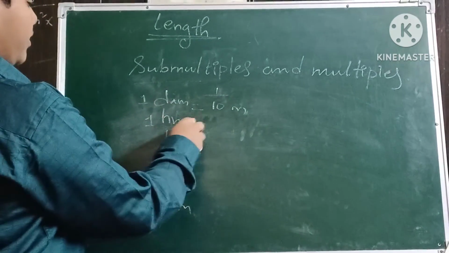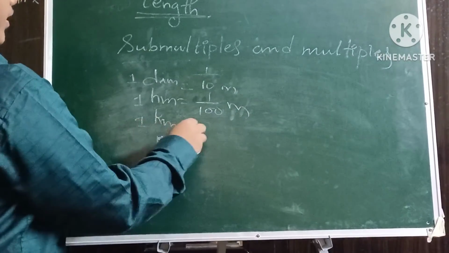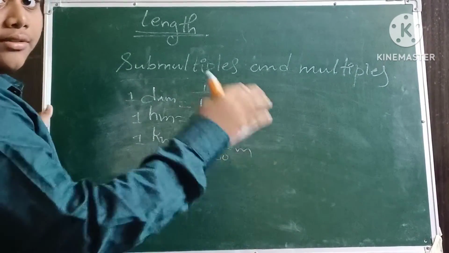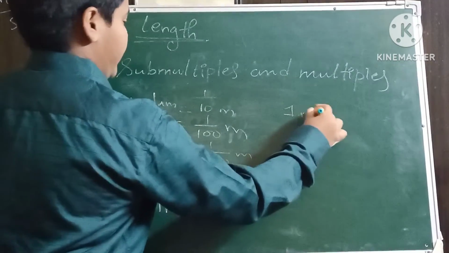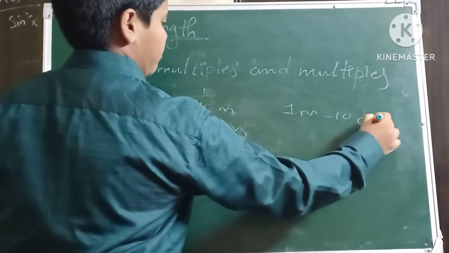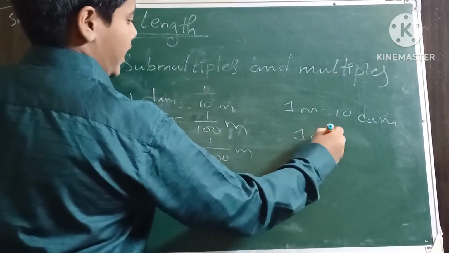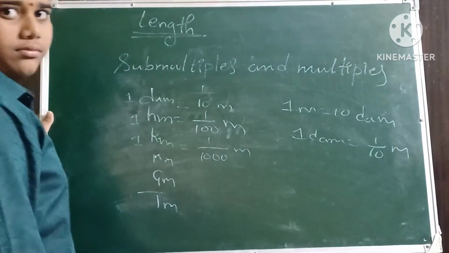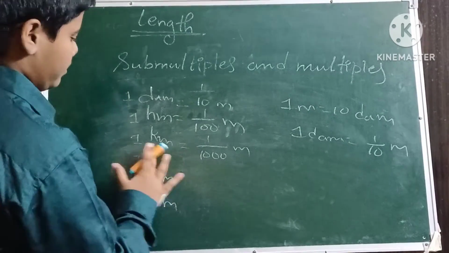Here 1 hectometer is equal to 100 meters. 1 kilometer is equal to 1000 meters. Inverse of 1 meter is equal to kilometer. We already know 1 meter is equal to 1 by 10 decameter. So 1 decameter is equal to 10 meters. Okay.